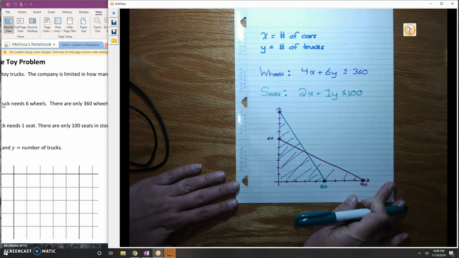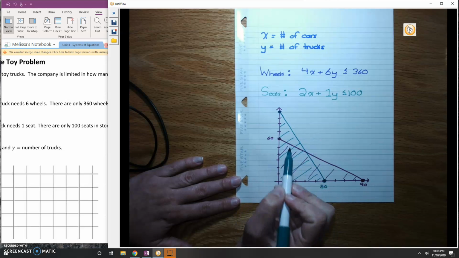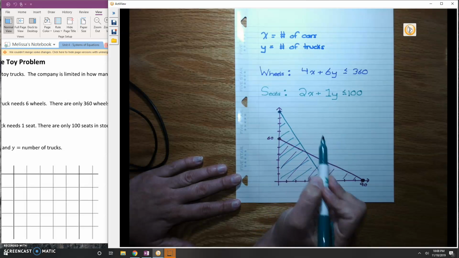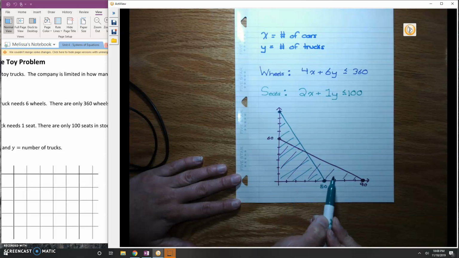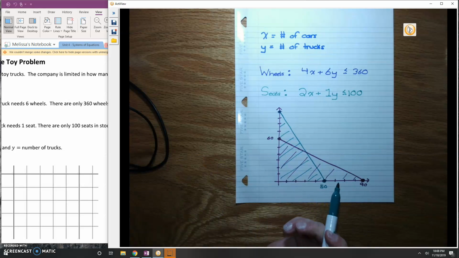All right, so real quick, I want to talk about what each of these areas mean. And Mr. Parsons is going to pause the video here in a moment. But we have 4 different areas. We have this area up here, this area right here, this area right here, and finally this area right here. All different areas with different shadings. Now, I'm going to label the first area.